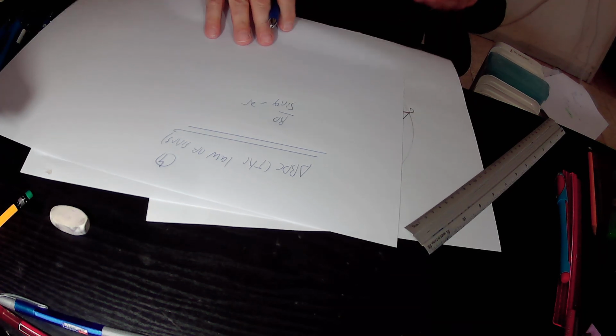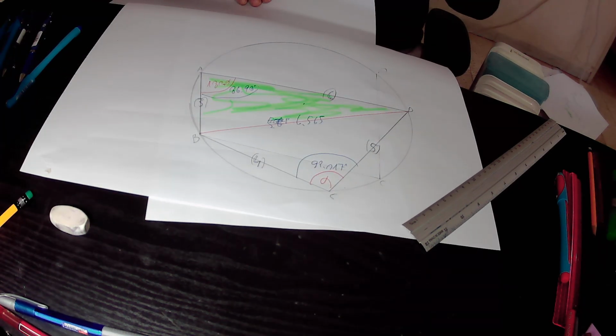And R is the radius of this circle, that is the radius that we are looking for.